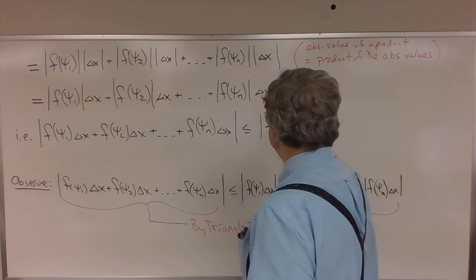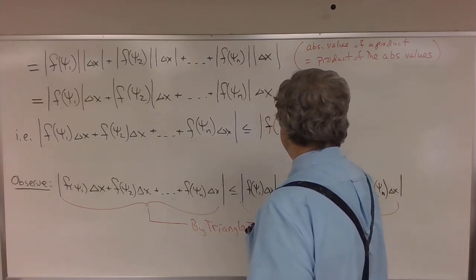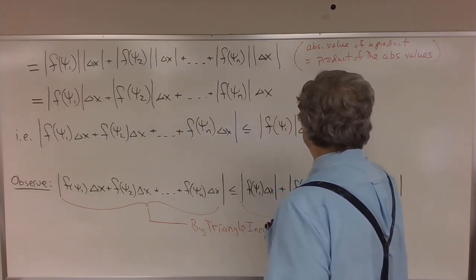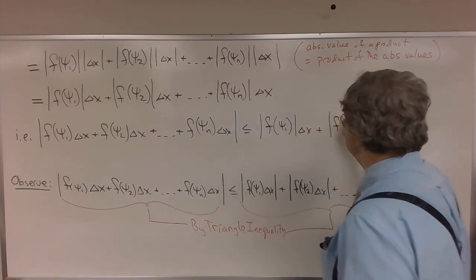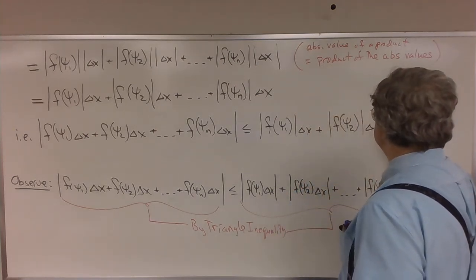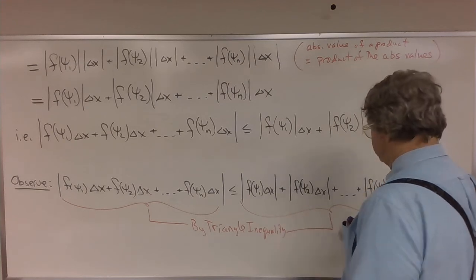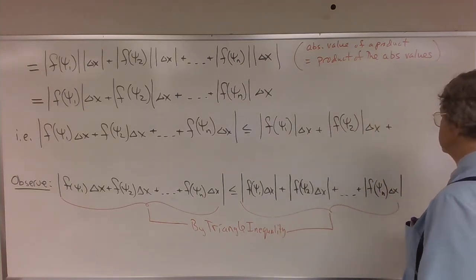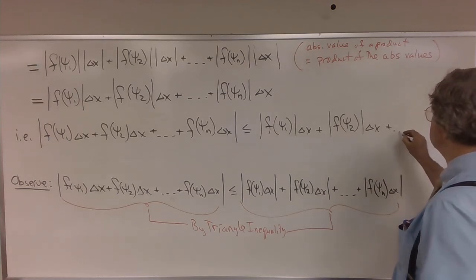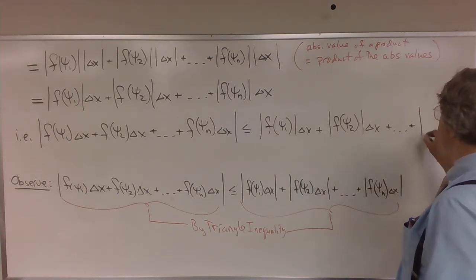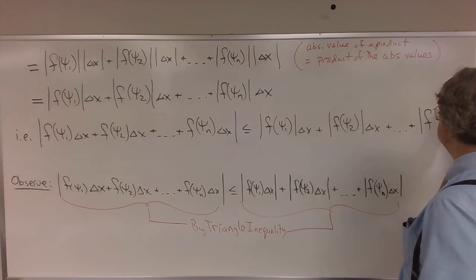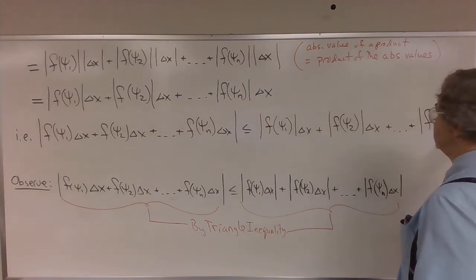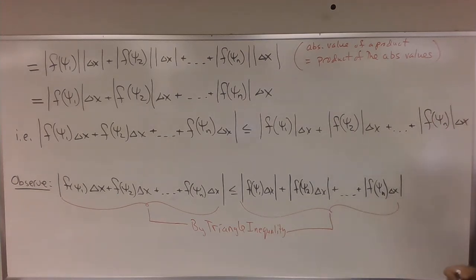The absolute value of f of psi 1 delta x, the absolute value of f of psi 2 delta x, plus dot dot dot, plus the absolute value of f of psi sub n delta x. That's what we established.